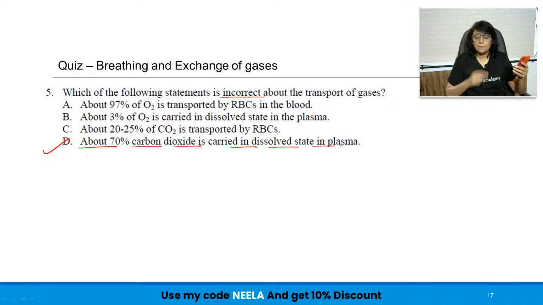How is this 70% carbon dioxide carried? It is carried in the form of bicarbonate. Very good, Zara. All right. Bicarbonate. Very good, Ayush. Also, Anju is saying it transports 7% as dissolved.